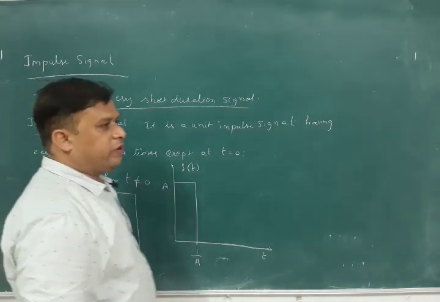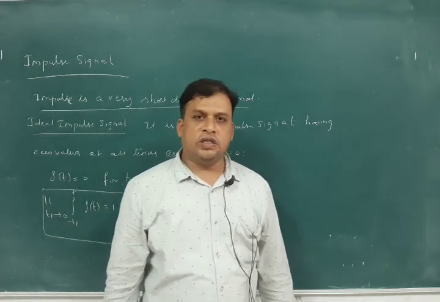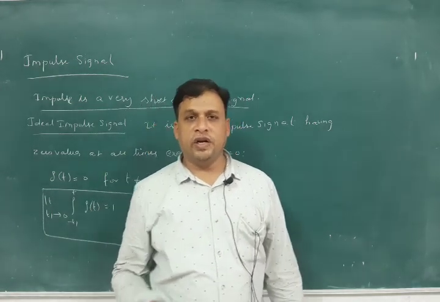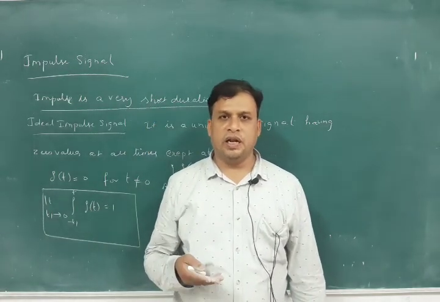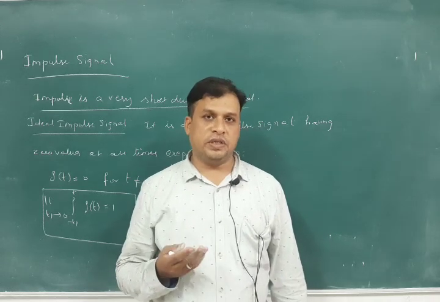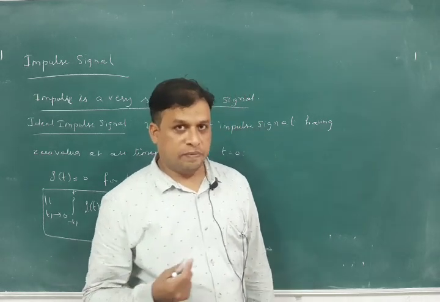And one more thing we have to remember here is that the integration of the step signal is a ramp signal. When you integrate a step signal, it becomes a ramp signal, and if you integrate a ramp signal, it becomes a parabolic signal.